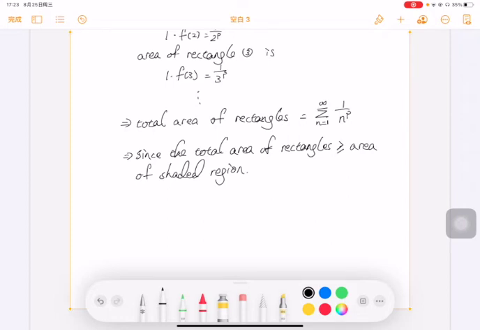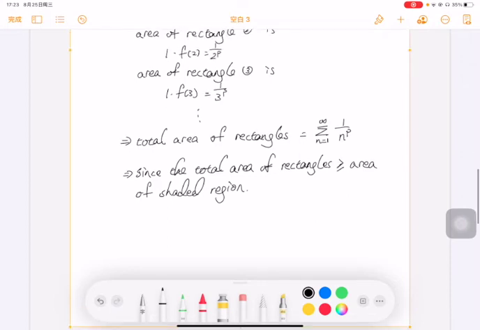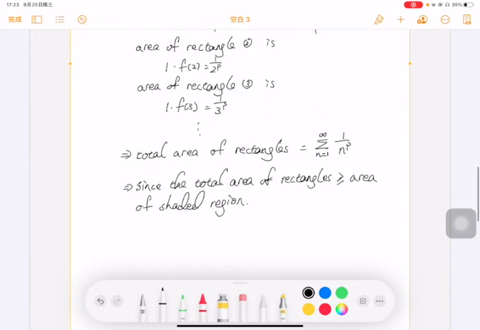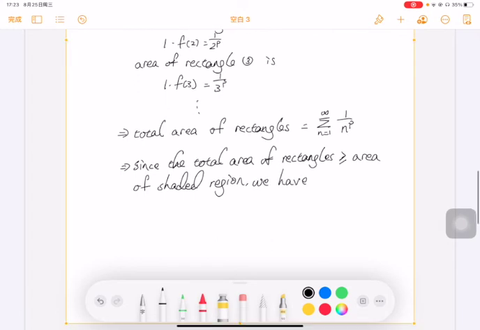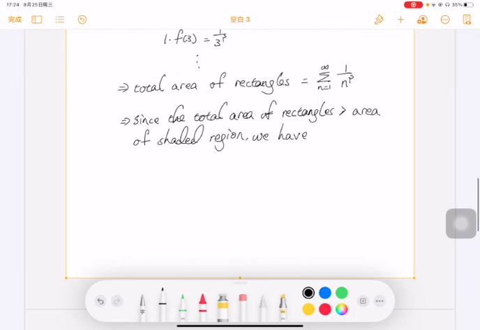But I'm just more used to writing larger than or equal to signs. Sorry, let's just write strict inequalities to avoid the confusion. We have the statement that the sum of 1 over n to the p is larger than the integral from 1 to infinity of 1 over n to the p dn.